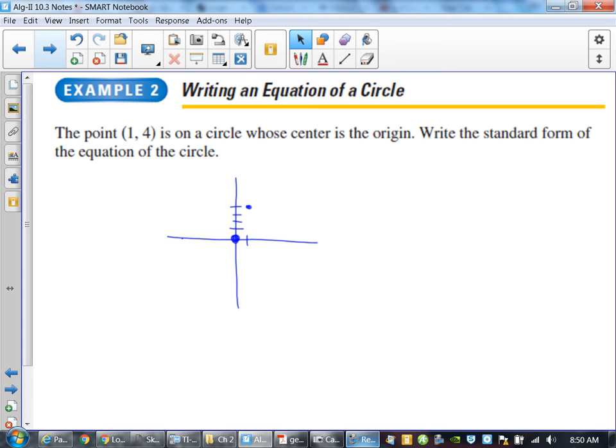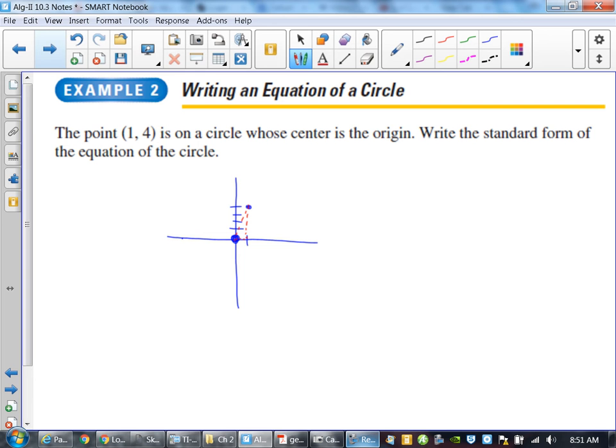How do I figure out that radius? Yes, about 5. What's created here? A right triangle. Isn't the radius the hypotenuse? Yes, ma'am. If you want, but isn't it easier just to do, isn't the distance formula the Pythagorean theorem?